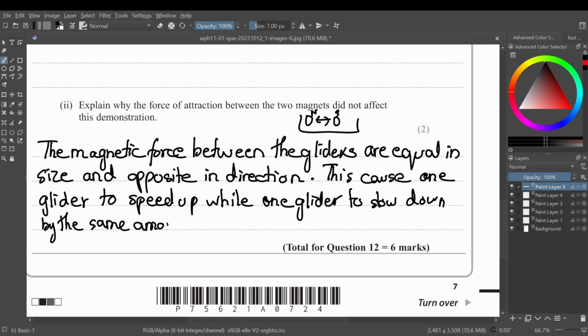So this statement might be confusing: why is one of the gliders speeding up and the other one slowing down? Shouldn't they both speed up? Basically this sentence says that thing, but in a different way.